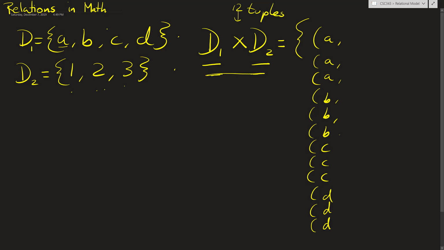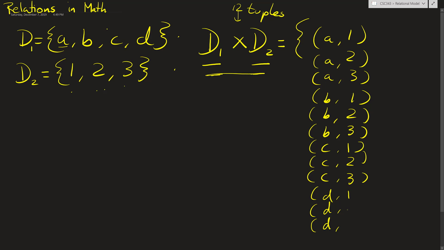And then we're going to enumerate all the second elements in these. For A, we can have 1, 2, or 3. For B, we can have 1, 2, or 3. For C, we can have 1, 2, or 3.